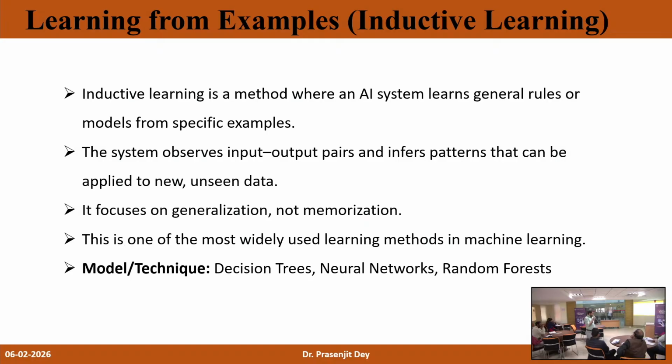Here we learn from the data only. If there is a rule-based strategy, that is a strategy I am going to explain next. I want to frame a different name for it. In inductive learning, I would like to focus only on data.